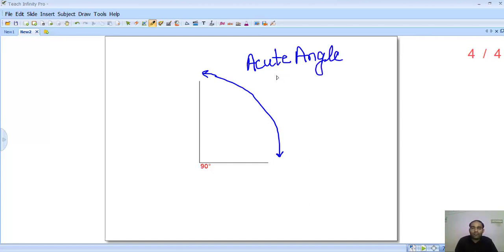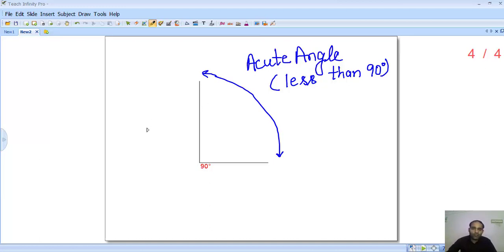Which are acute angles? Acute angles are the angles which are less than a right angle, meaning less than 90-degree. All the angles which are less than 90-degree will be called acute angle.